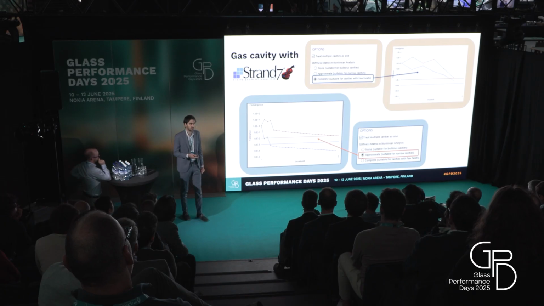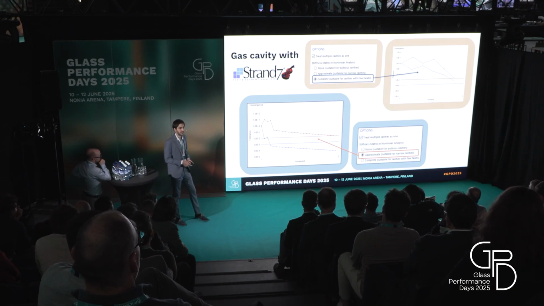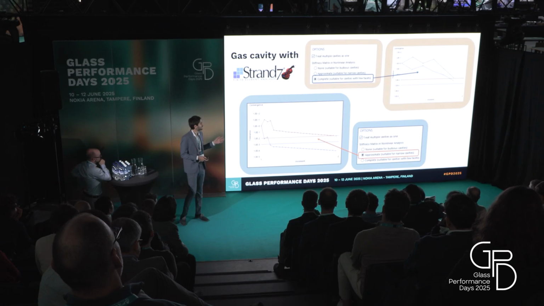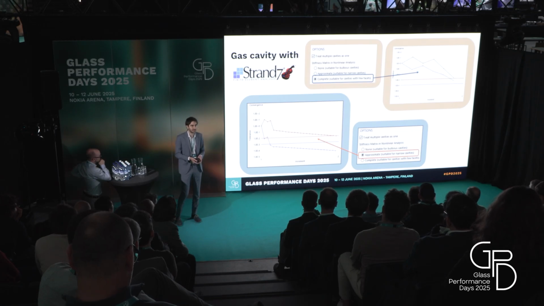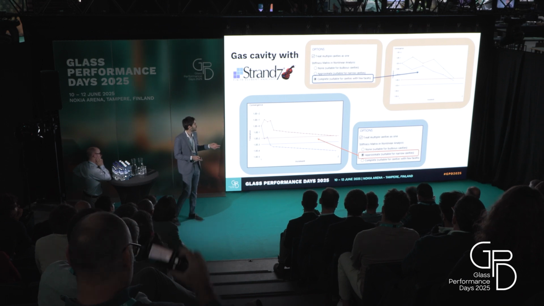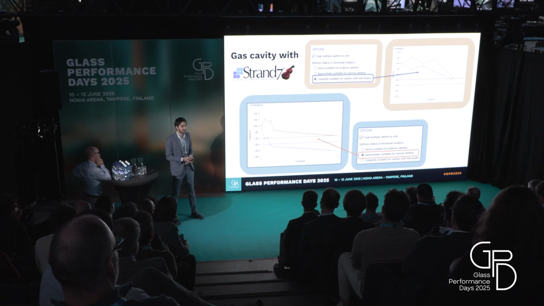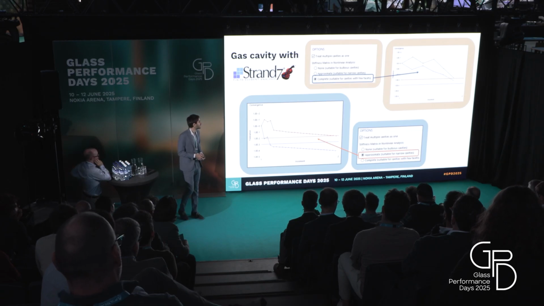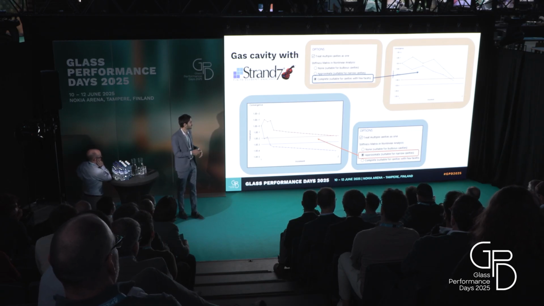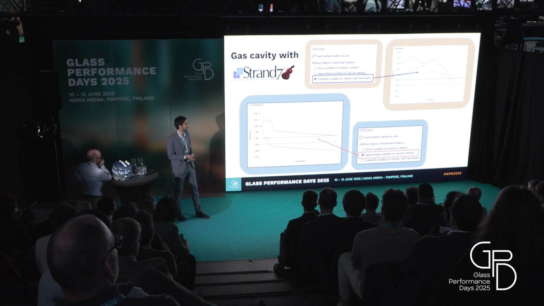Here I return to the modeling of the gas cavity. Here is a comparison with a commercially available software, Strand7, which is a general purpose finite element software. We have two options to treat the stiffness matrix for the cavity. One is the complete option, to model the entire matrix, which, as I said, is dense, and an approximate one.